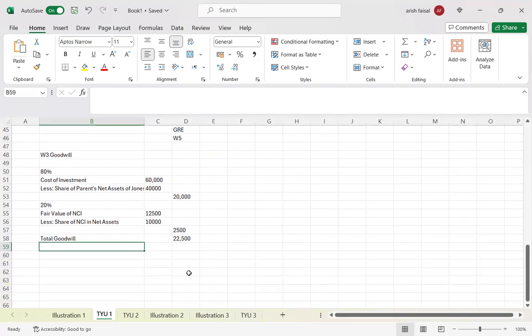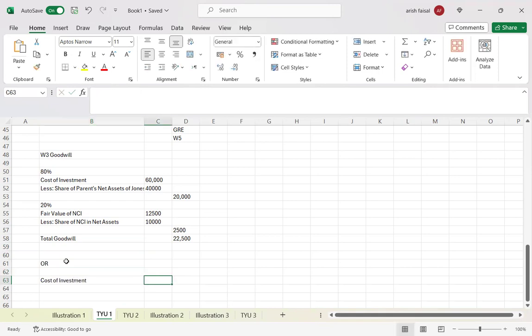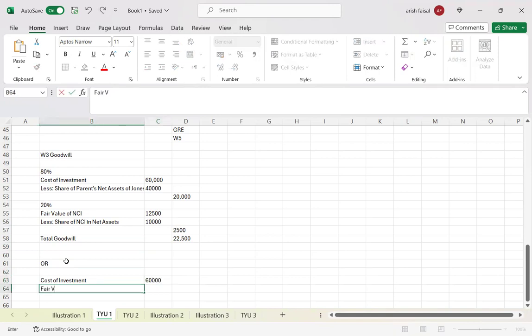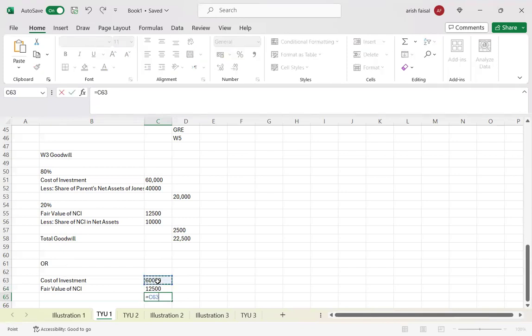A simple and easy way to figure this out is that you can see the cost of investment, which was 60,000 for the controlling part, and for the NCI, you have 20K, sorry, 12,500, right? So this turns out to be 72,500.